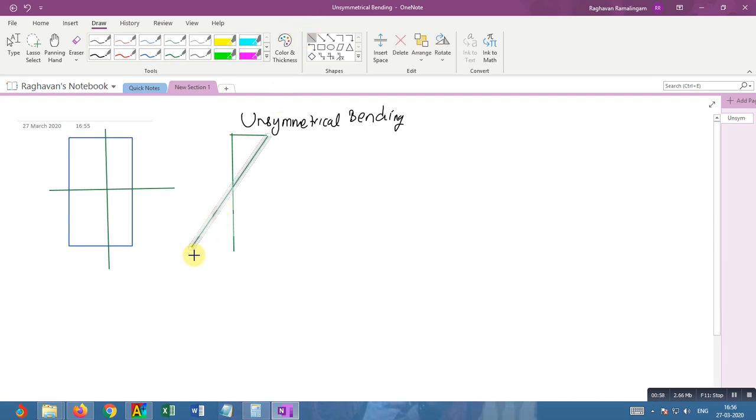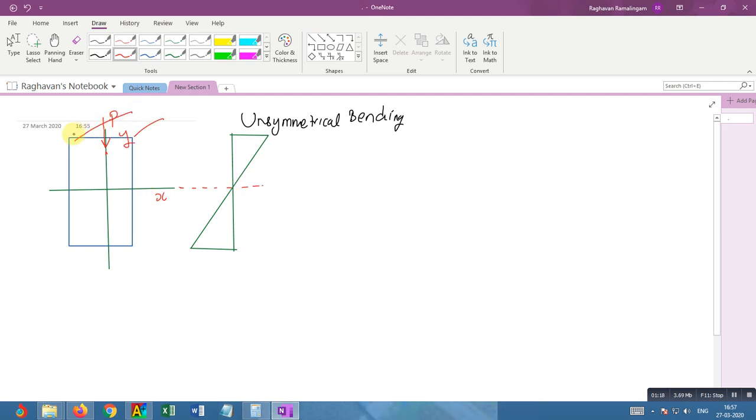So this is a case of, let's say, a rectangular section subjected to a load through its Y axis.